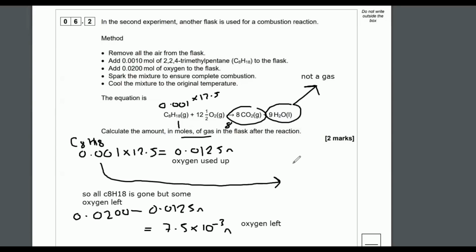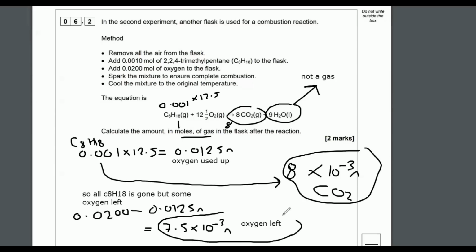So what we want to do there is go 0.001 times 8, and that gives us 8 times 10 to the minus 3. And I want to take my moles of carbon dioxide, my moles of the excess oxygen that was left over unreacted, smash them together in the calculator and get my final moles of gas that are left over. And it's 0.0155.